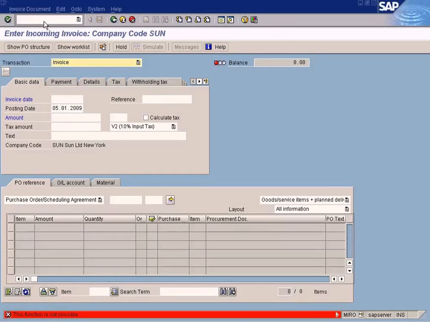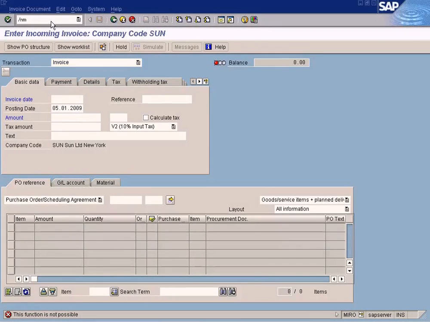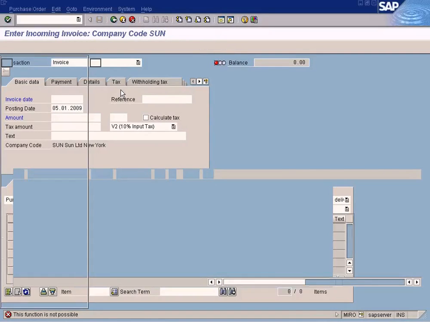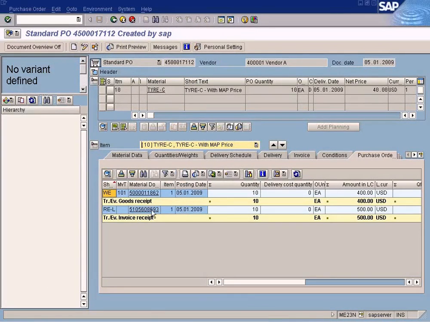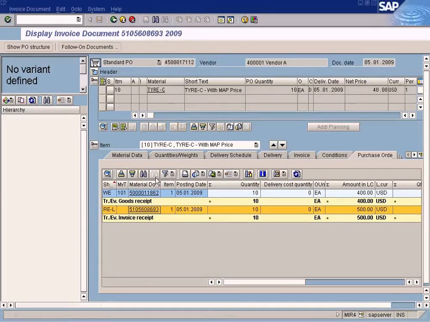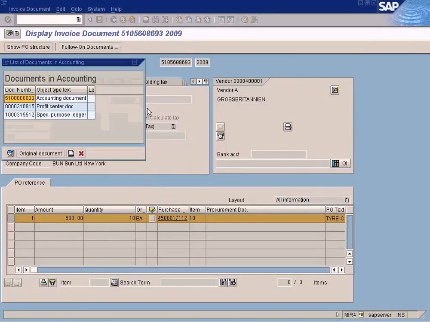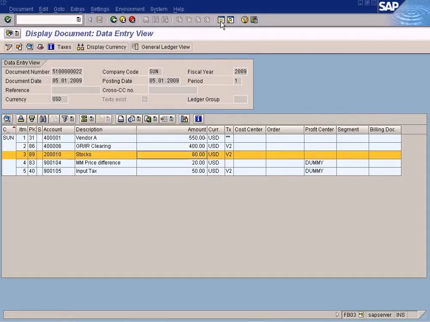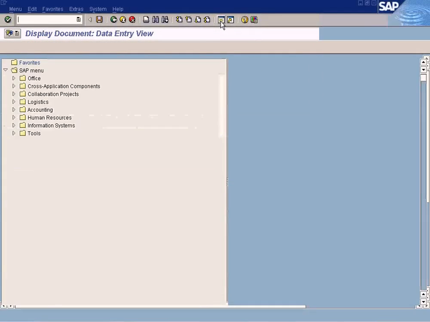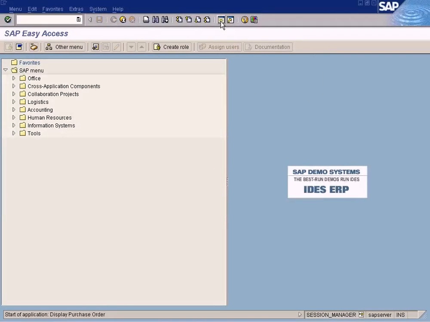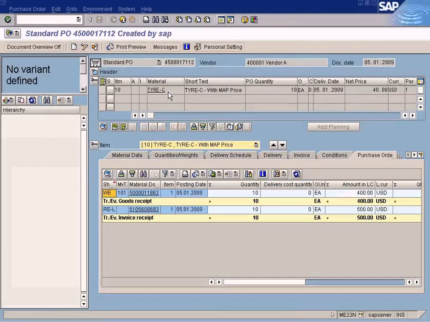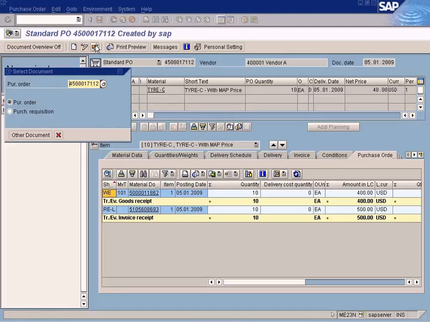Okay, now let me go to the purchase order, show you the difference. See the difference. This one, ME23N.